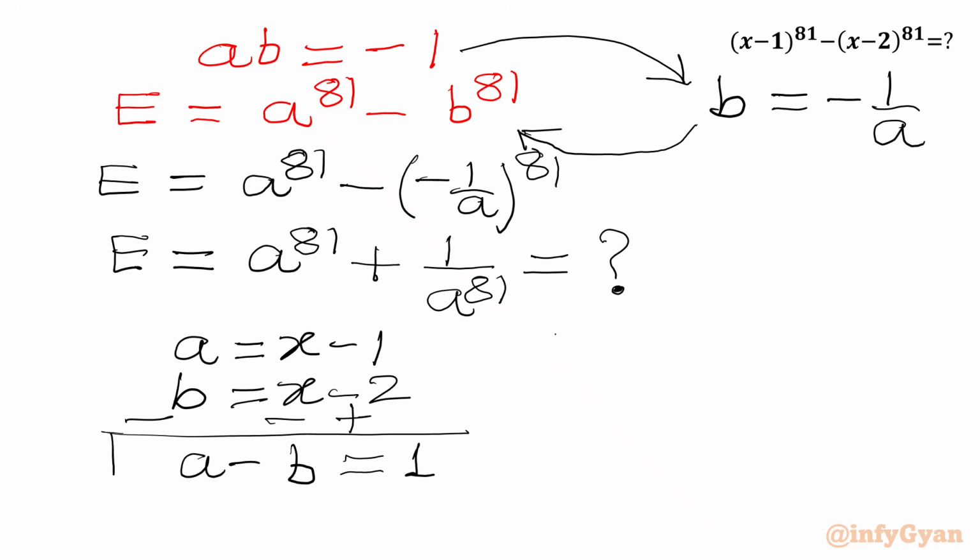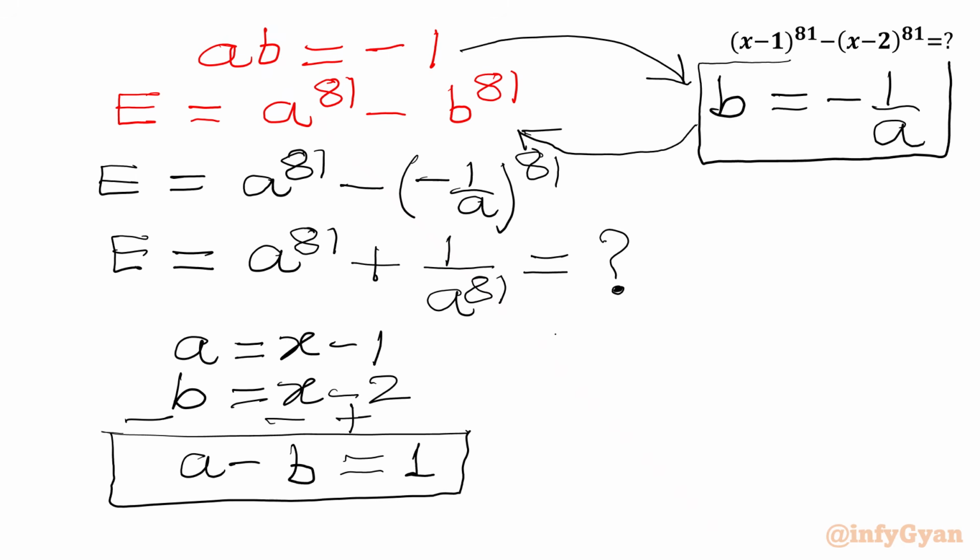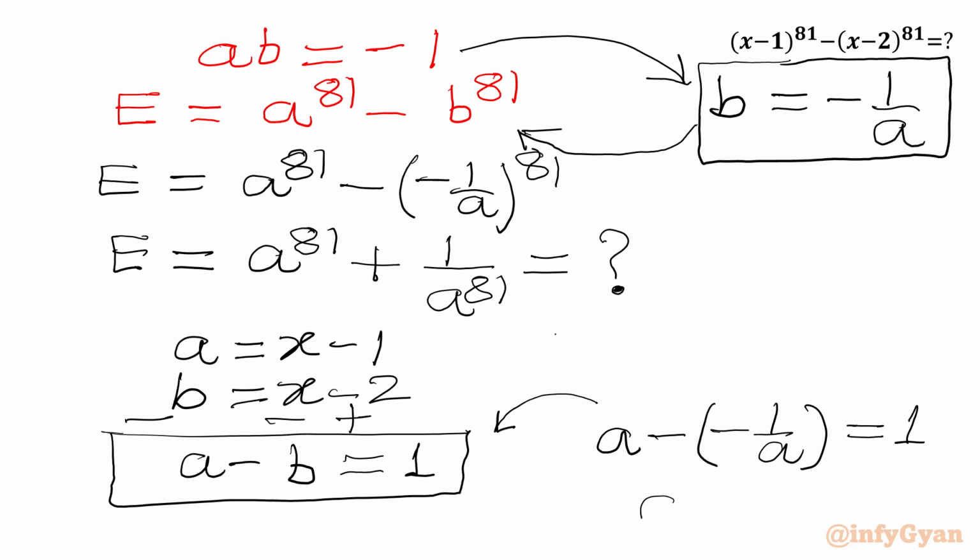So we have a minus b equal to 1. b is equal to minus 1 over a. If I plug in over here, then I can write a minus of minus 1 over a equal to 1, or we can write a plus 1 over a equal to 1.